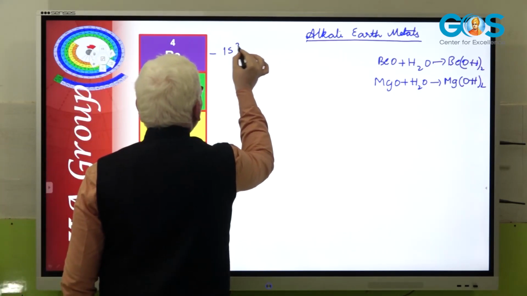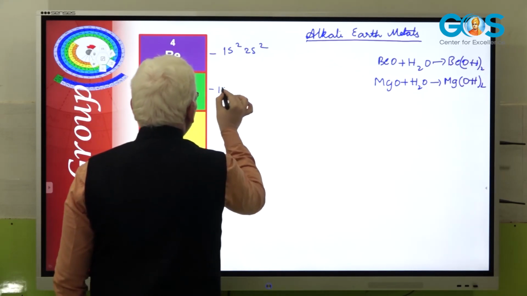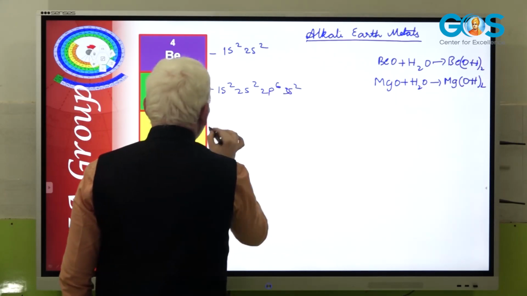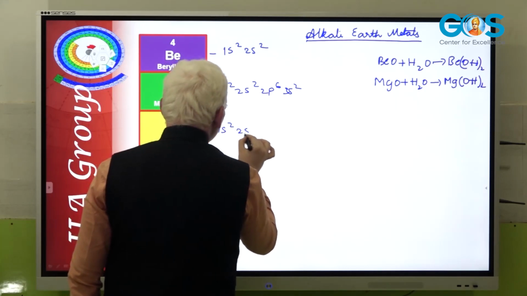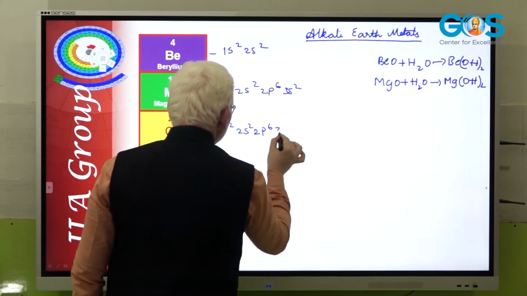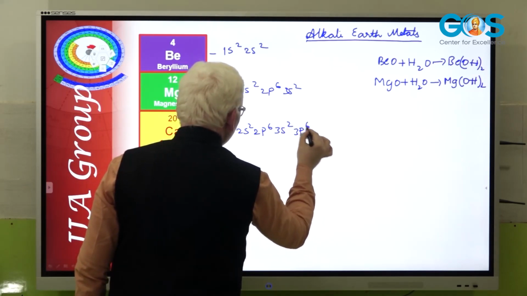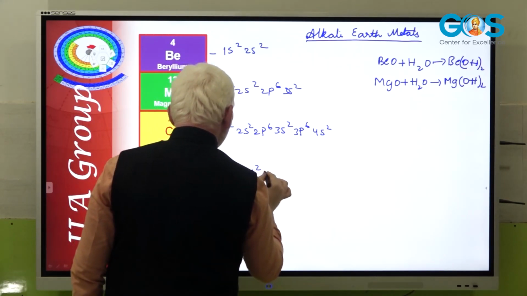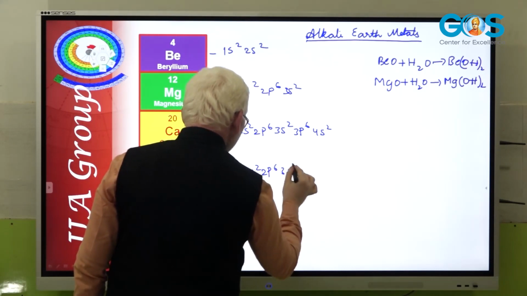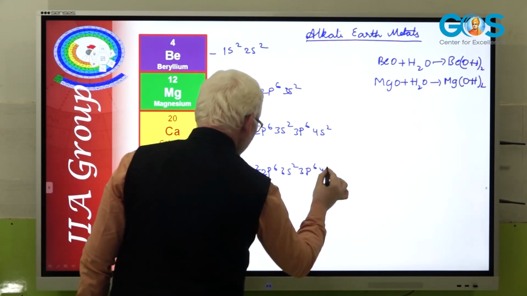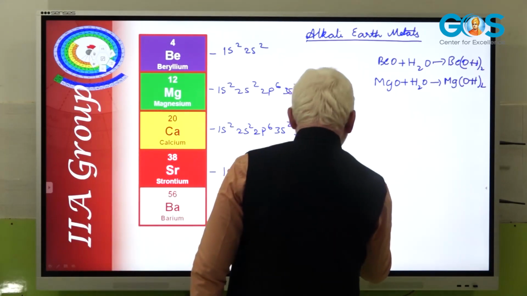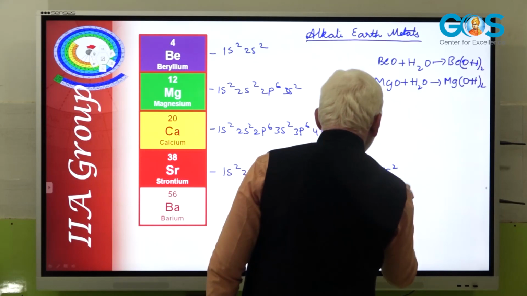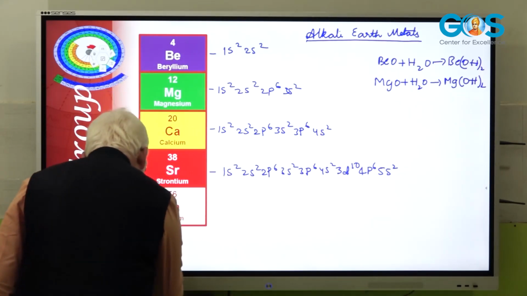Beryllium 1s2 2s2, magnesium 1s2 2s2 2p6 3s2, calcium 1s2 2s2 2p6 3s2 3p6 4s2, strontium 1s2 2s2 2p6 3s2 3p6 4s2 3d10 4p6 5s2. That's all. Barium, and here we have one more element, my dear students.